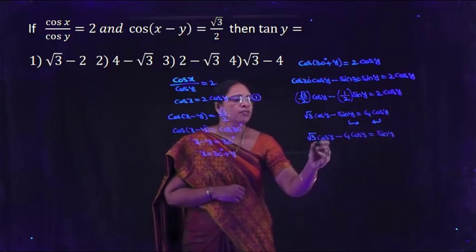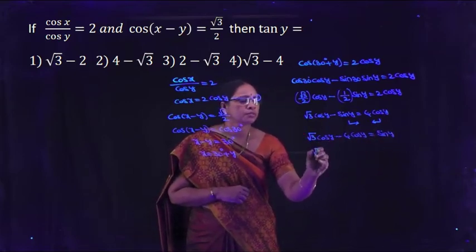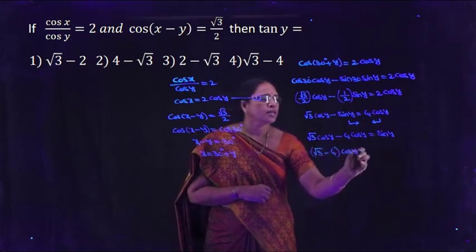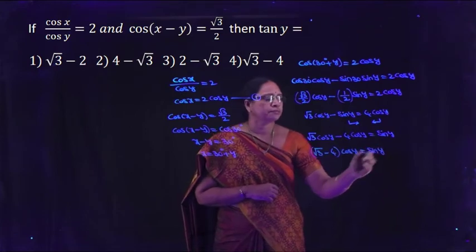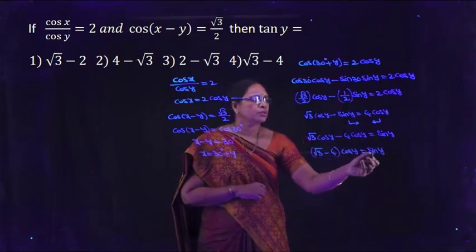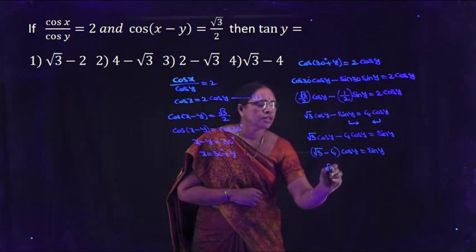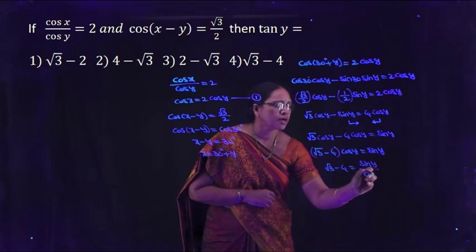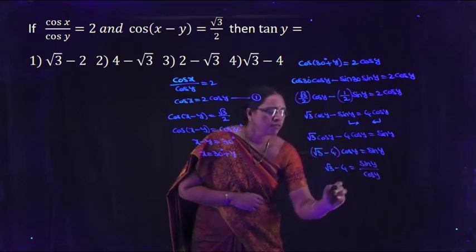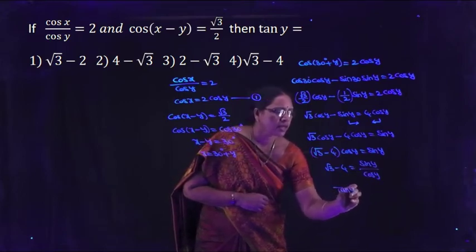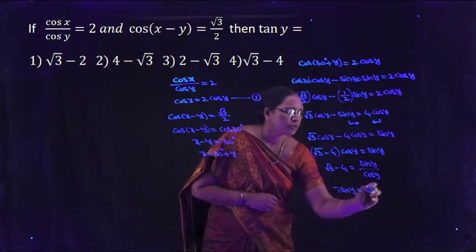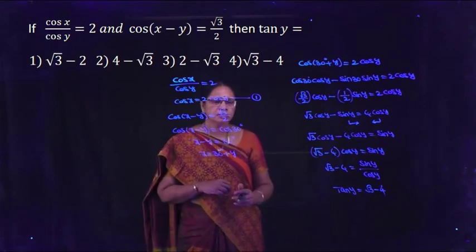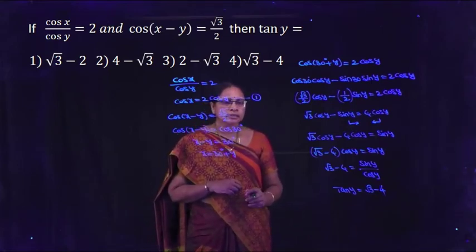Taking cos y common from these two terms we get (root 3 minus 4) into cos y is equal to sin y. Changing it into RHS side, root 3 minus 4 is equal to sin y by cos y. Then we have sin y by cos y is tan y, that is tan y is equal to root 3 minus 4. Here the fourth option, root 3 minus 4, is the correct answer.